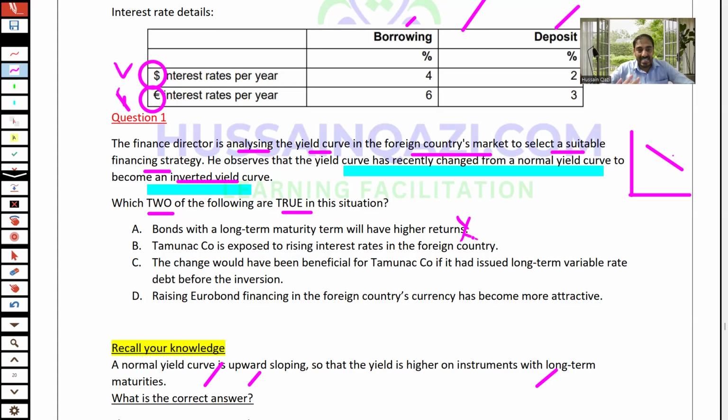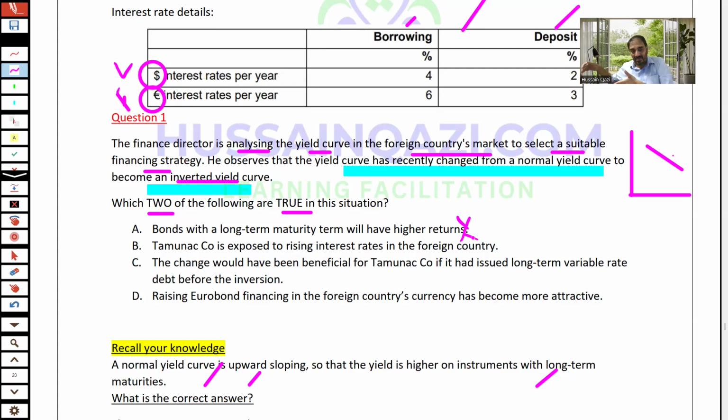Number two, Temunic company is exposed to rising interest rates in a foreign country. The finance director says he is analyzing the yield curve where the interest rate is declining, an inverted yield curve.